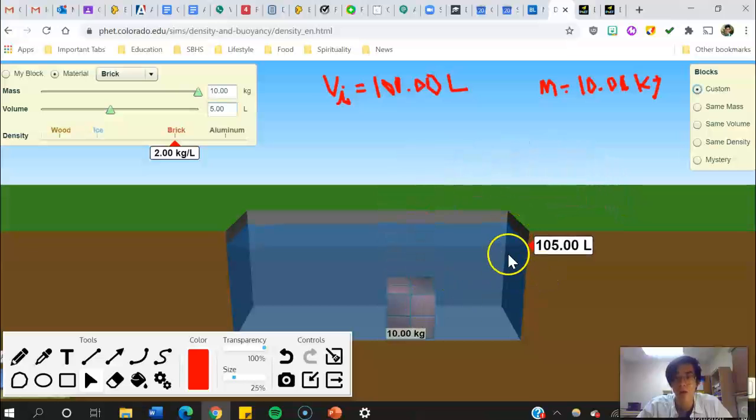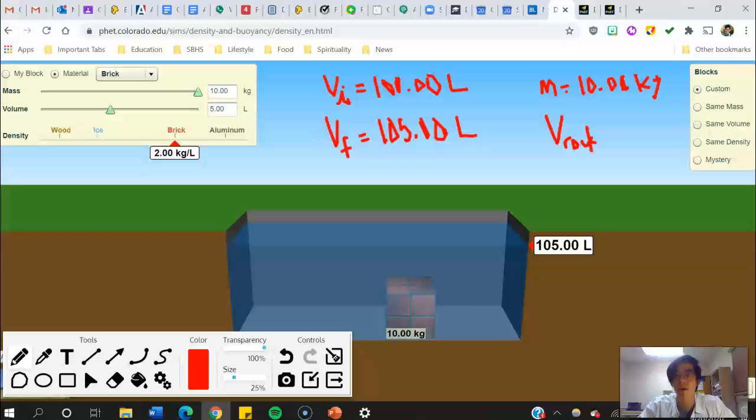And look, the water rose up to 105.00 liters. So let me write that down. Okay, so VF is equal to 105.00 liters.